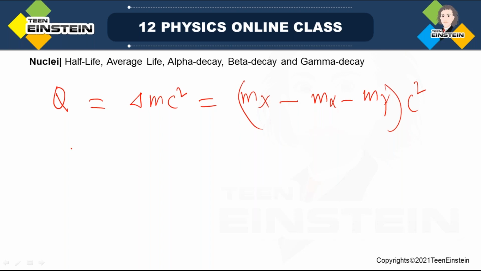For different elements, alpha decay will give rise to different Q values.